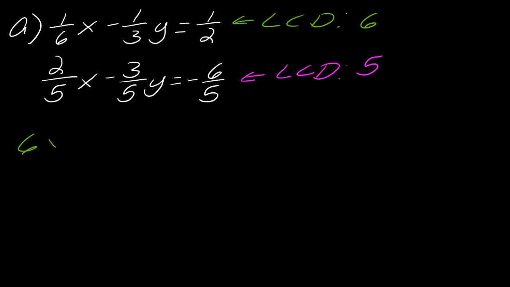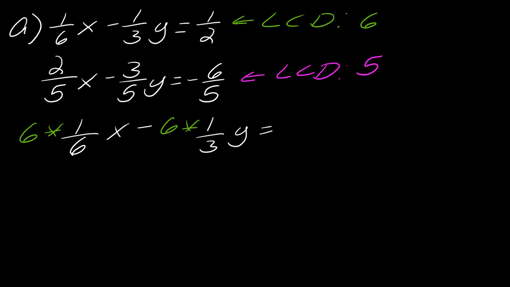So let me show you how to set that up. I've got 6 times 1/6 x minus 6 times 1/3 y equals 6 times 1/2. And then let's set up the other one.